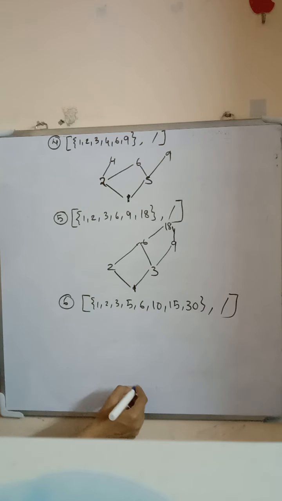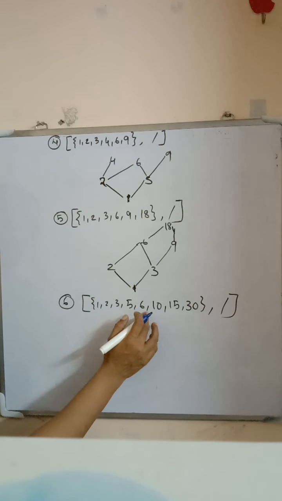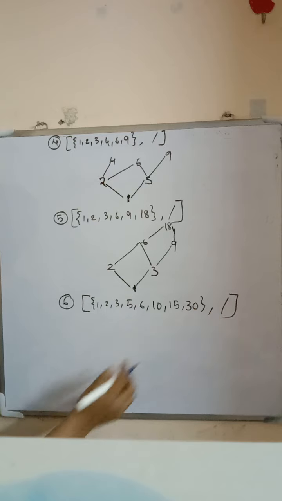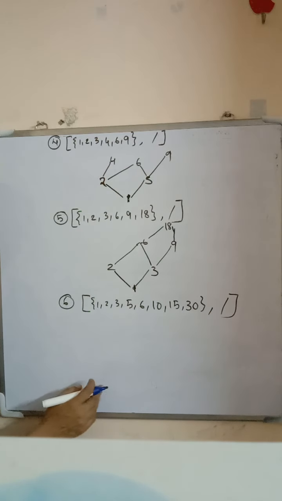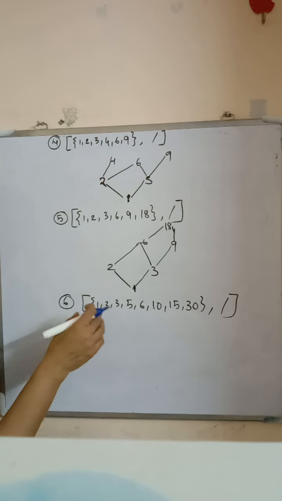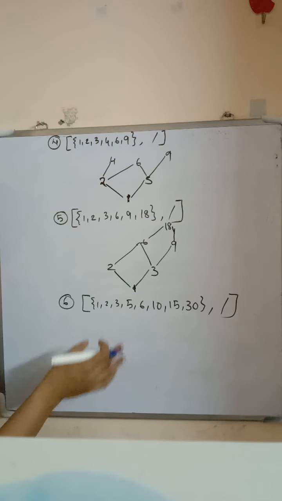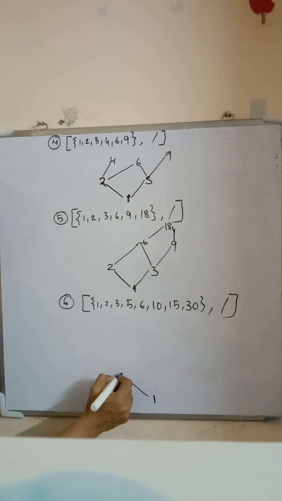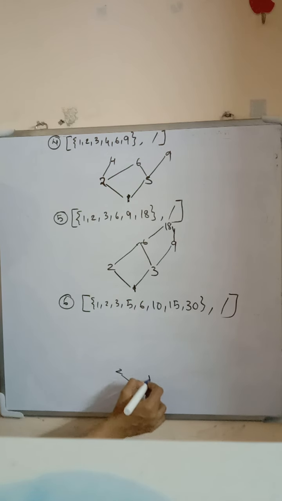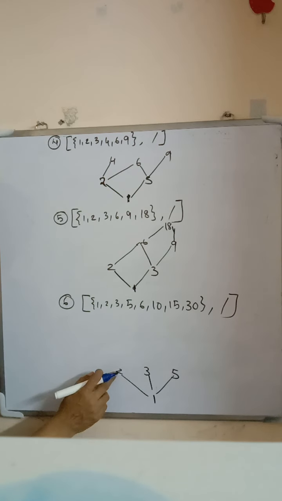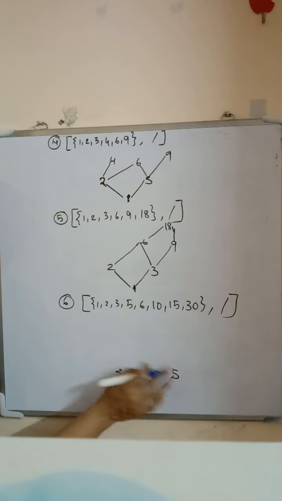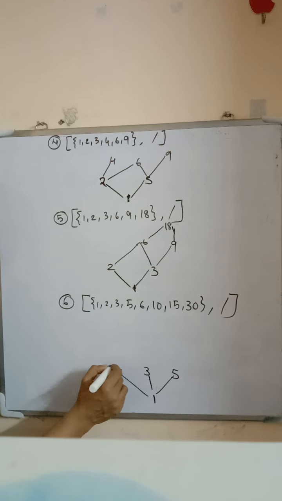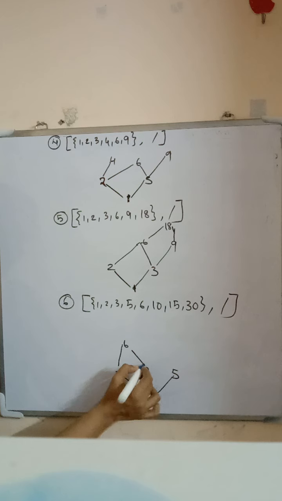Next is the set 1, 2, 3, 5, 6, 10, 15, 30 and divides. Divides is the relation, and this set is a poset because it is a partial ordering relation. First, 1 divides 2, 1 divides 3, 1 divides 5. But 2 does not divide 3 and 3 does not divide 5. 2 divides 6, also 3 divides 6.